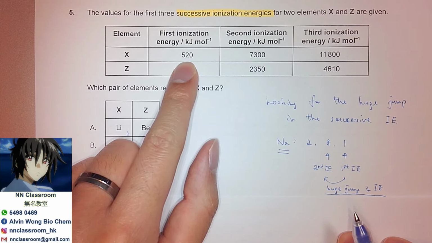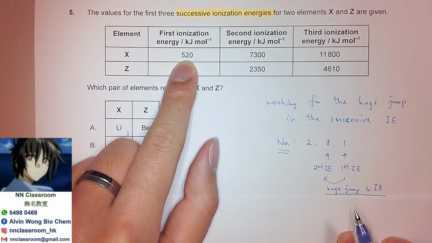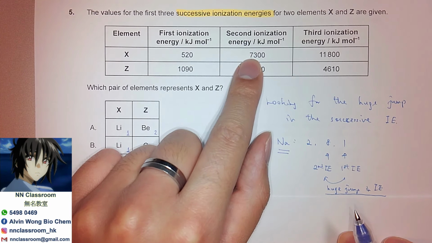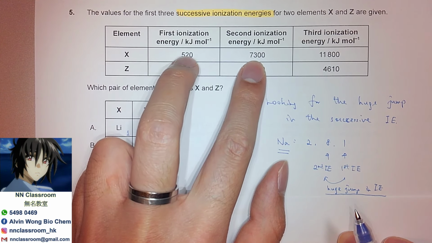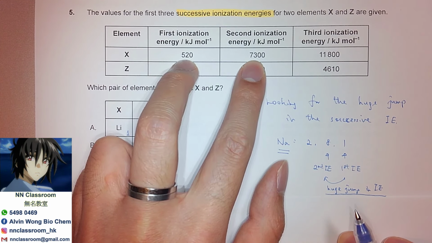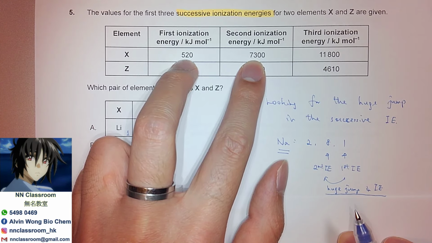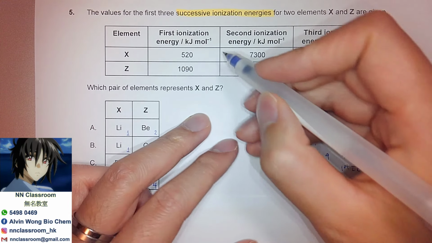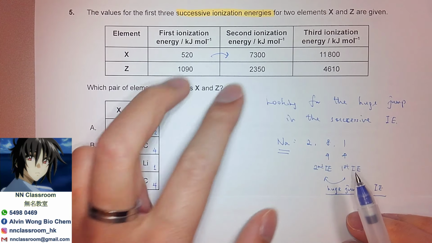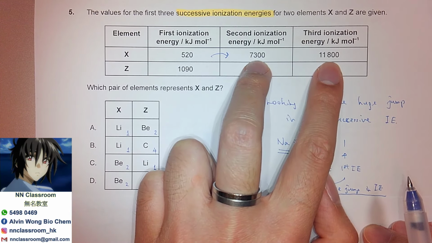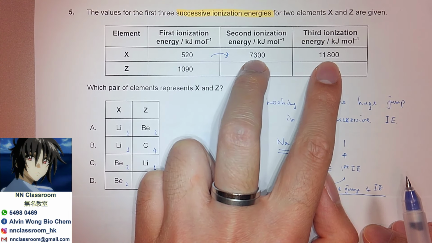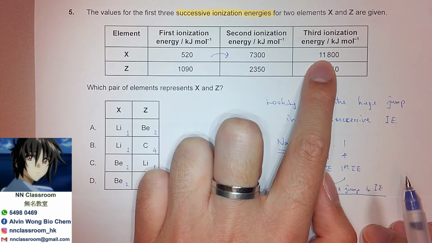The first IE is 520, which is okay. But starting with the second IE, you see a really huge jump, from 500 something all the way up to 7,000. From the second IE to the third IE, it is not as large a multiple, from 7,000 to about 11,000.